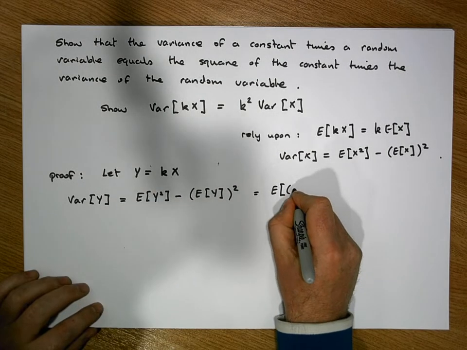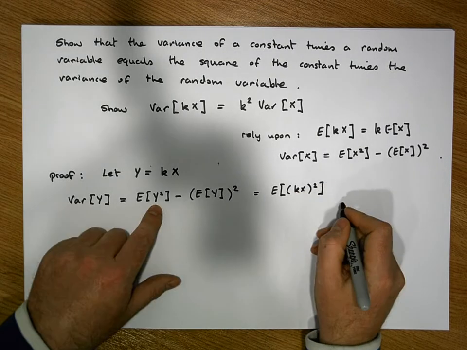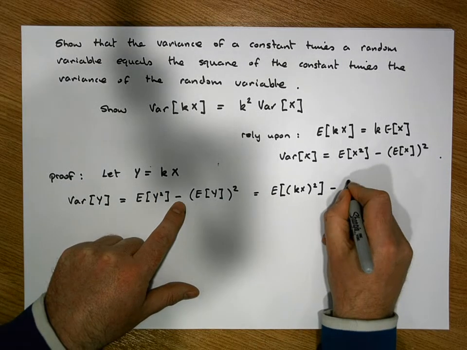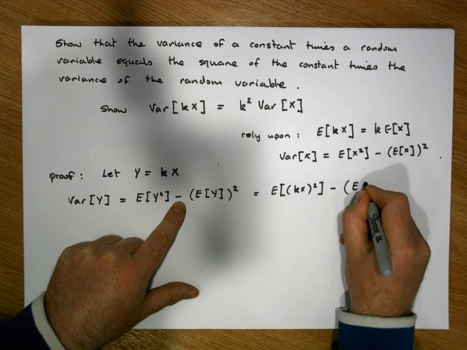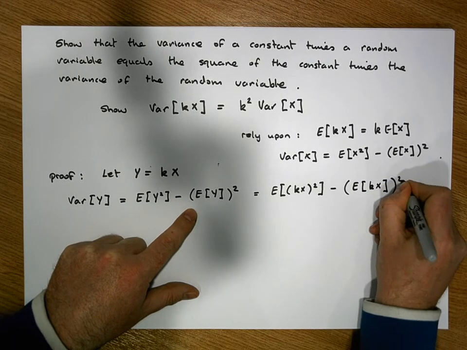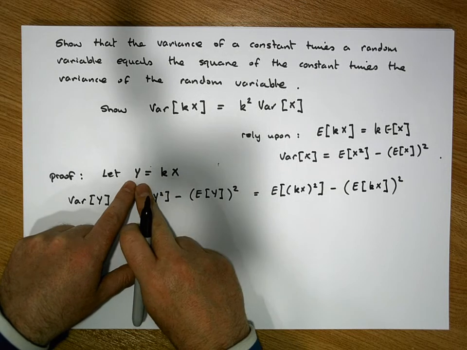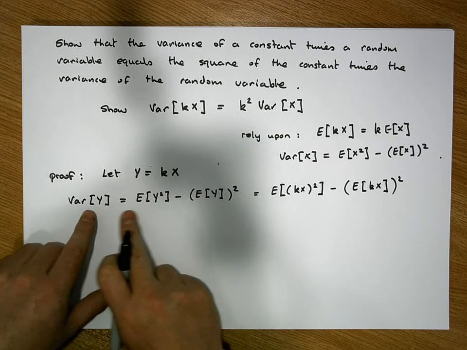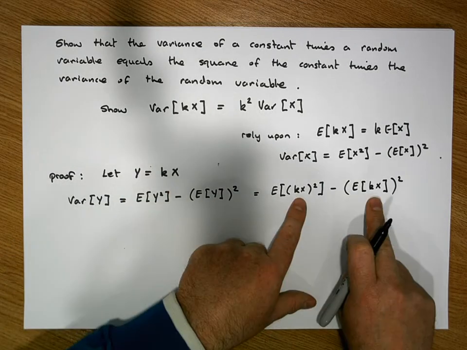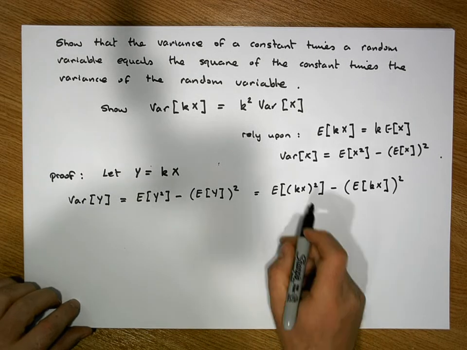So it's the expected value of k of x squared, we're substituting back in our k of x for our y, minus the square of the expected value of k of x. So that's what we have here. So we've done a substitution for the original variable just so that we can see it being applied across this identity, and then we've reversed the substitution to give us actually what we're really trying to do.